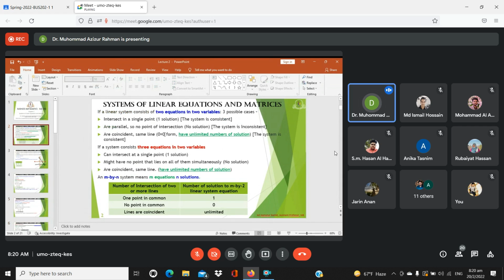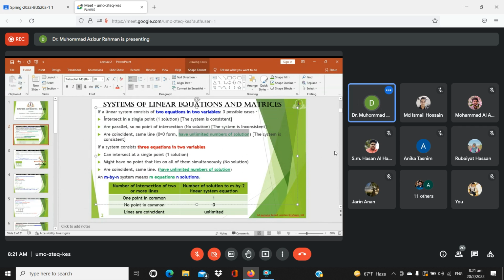If we find that 0 equals 0, that means the system is consistent, meaning you have an unlimited number of solutions. The lines are coincident. So this is the third condition.